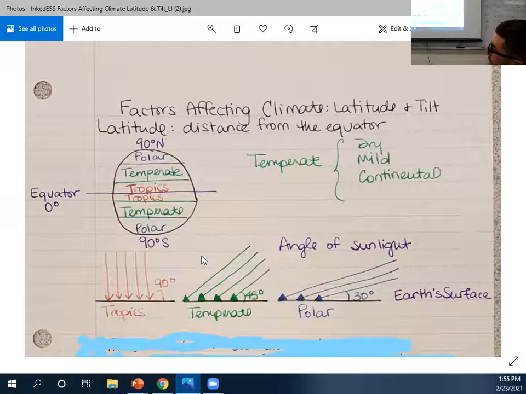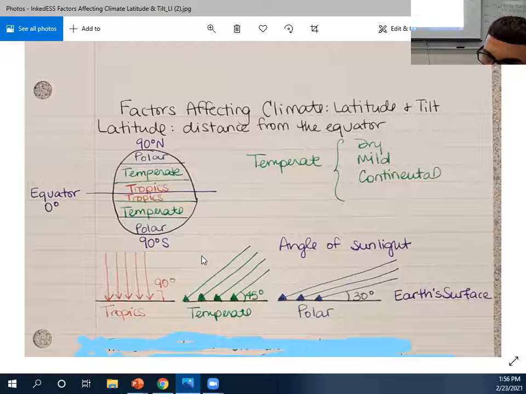So with that being said, we have 3 climate zones. We kind of talked about it with our wind systems before, right? Our 3 climate zones are going to be the tropics, which is right next to the equator. Then we have the temperate zone, which is kind of in between, in the middle there.